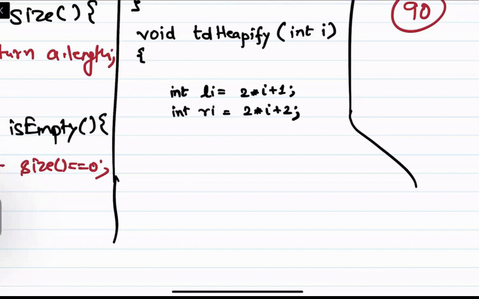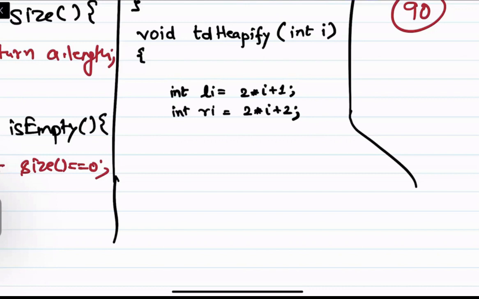3 possibilities are there. First, I can be maximum. If A of I is maximum, what will you do? You will do nothing. You will just stop. You will say, hey, I'm done. I don't need to heapify down, right? If Li is maximum, what will you do?